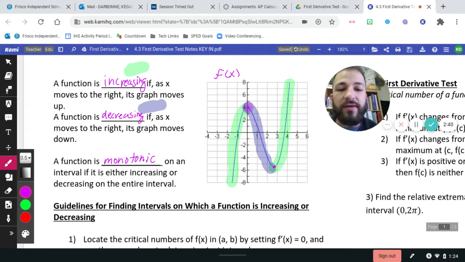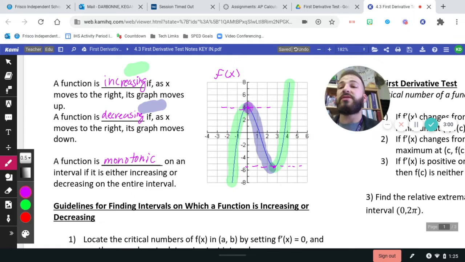It has that horizontal tangent line. Last class we talked about extrema and how we can use critical numbers to locate extrema. Not only can we use them to locate maxes or mins, we can also use those critical numbers to locate when my f of x graph is switching between increasing and decreasing intervals.